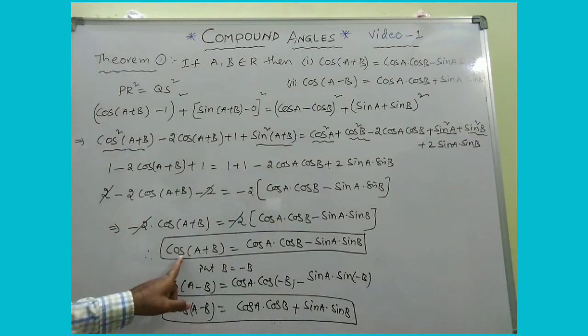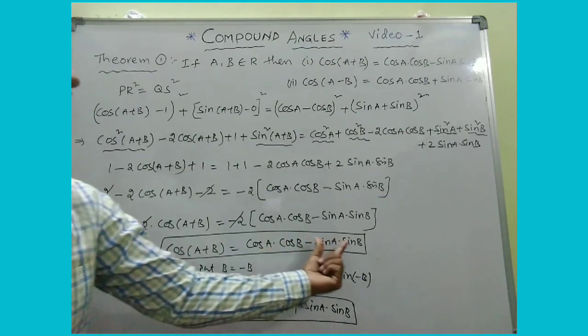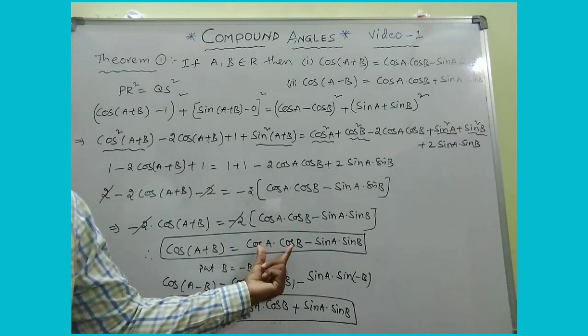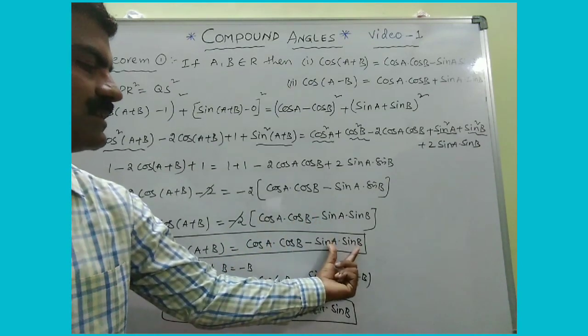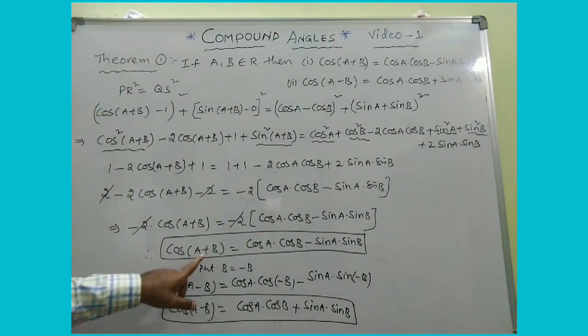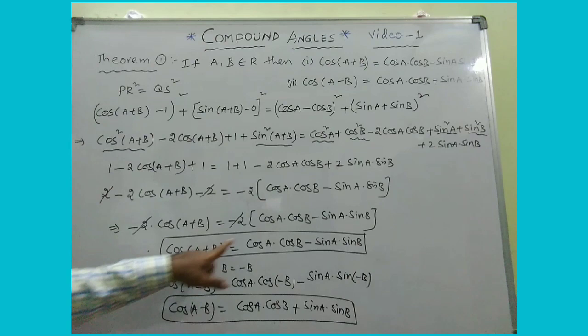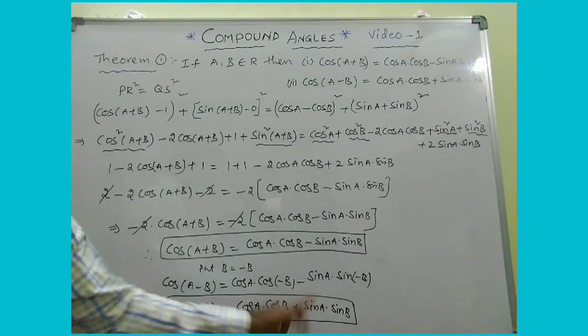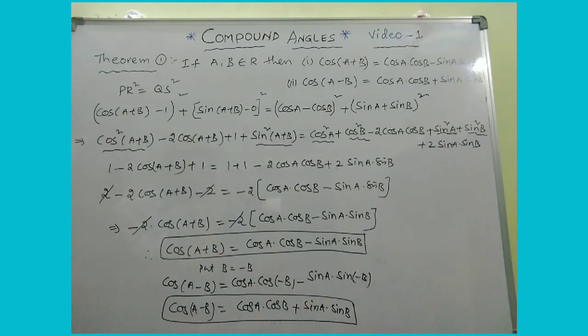If it is cos, then the first two terms are cos and the next two terms are sine. And one more point: if it is plus, then we get minus, and if it is minus, then we get plus. These techniques will help us remember easily and avoid confusion.